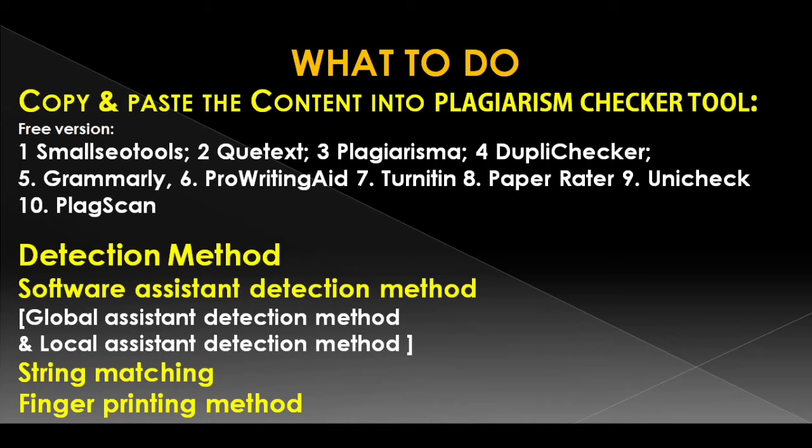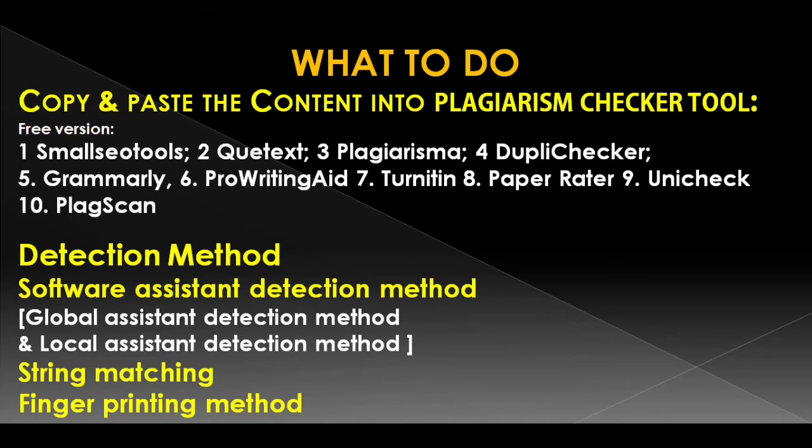Number one is the software assistant detection method, which usually works as a global assistant detection method and a local assistant detection method. The second one is string matching. The third one is the fingerprinting method, which is highly advanced. Many plagiarism checker tools work mainly based on the software assistant detection method.